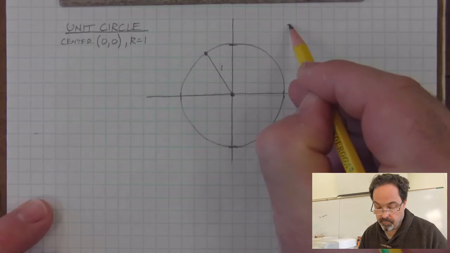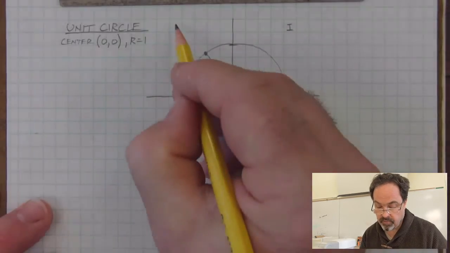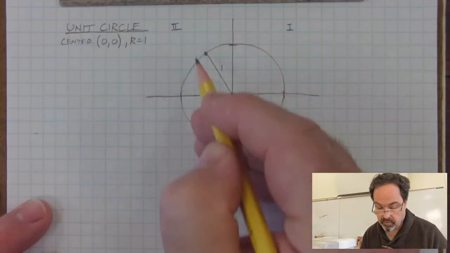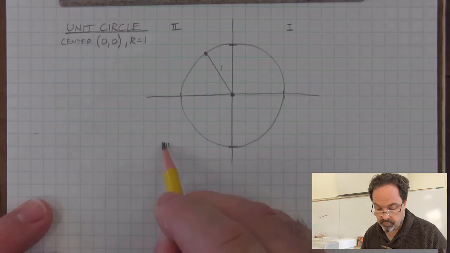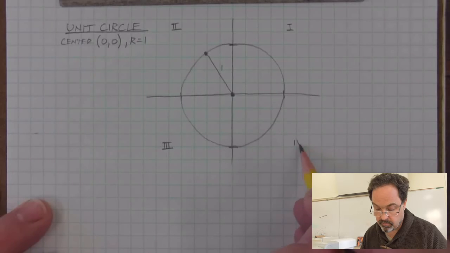Unit circle is centered at the origin, so it's represented in all 4 quadrants. Quadrants 1, 2, 3, and 4.